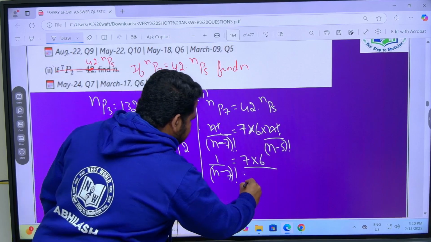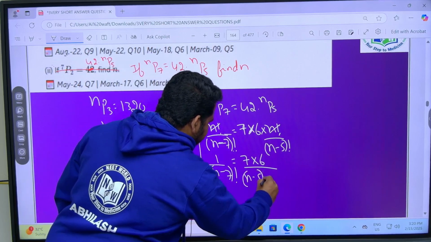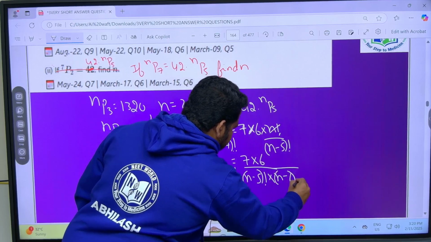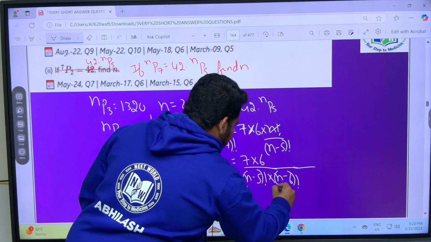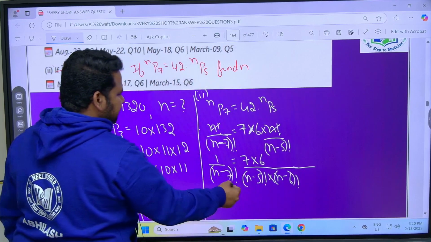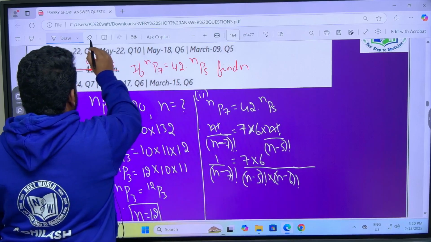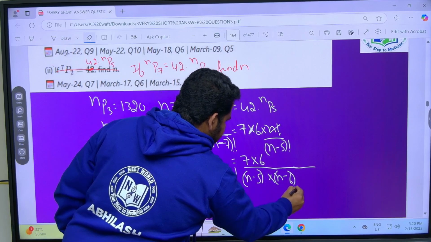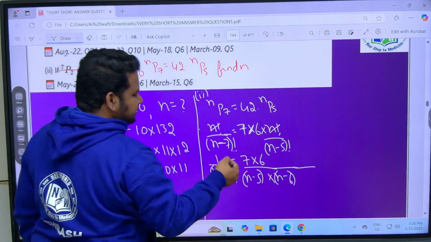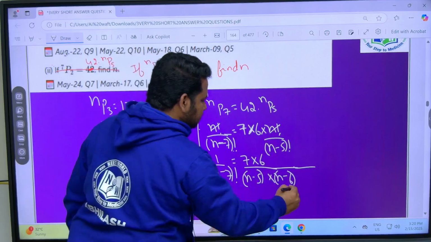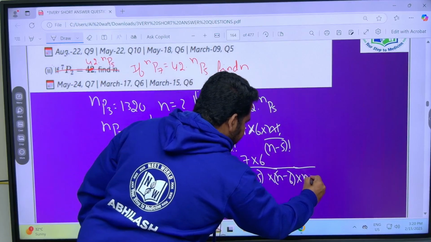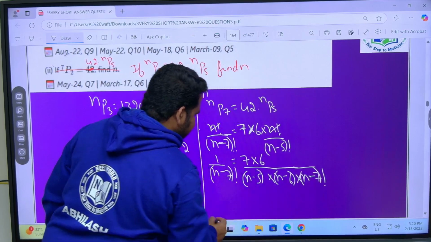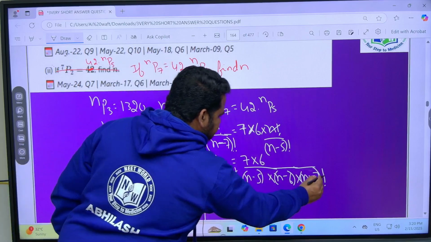Instead of writing it as n minus 5, n minus 6, n minus 7, and so on, I can write here n minus 7 factorial, so that I can cancel. This is n minus 7 factorial, so this one and this one I can cancel.